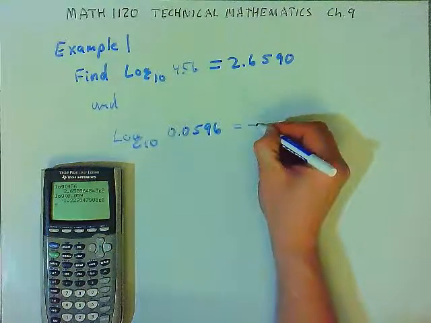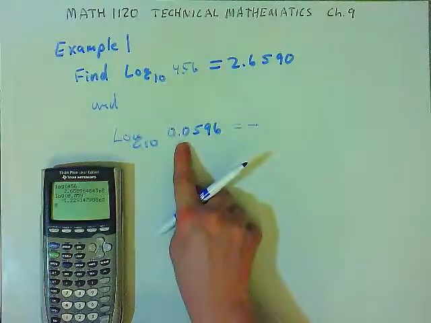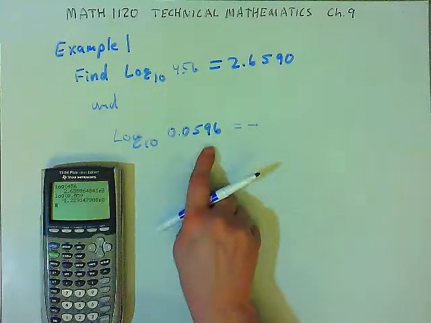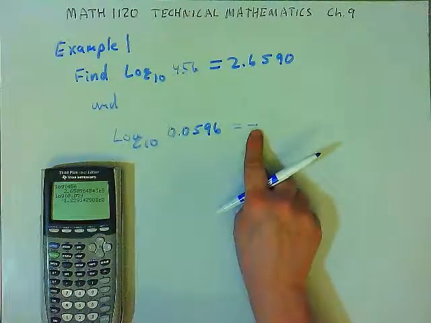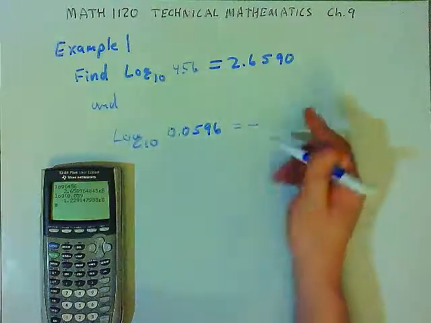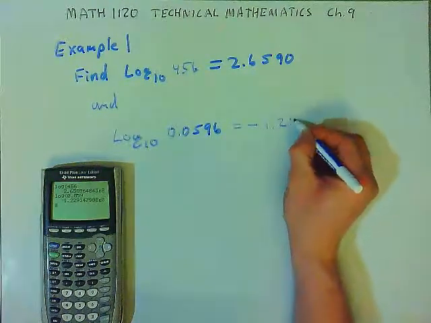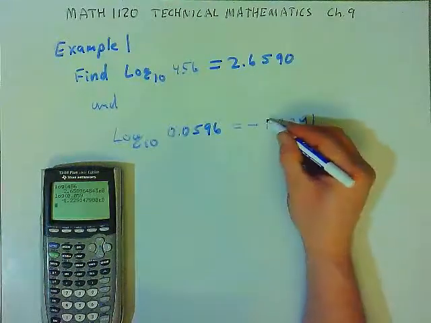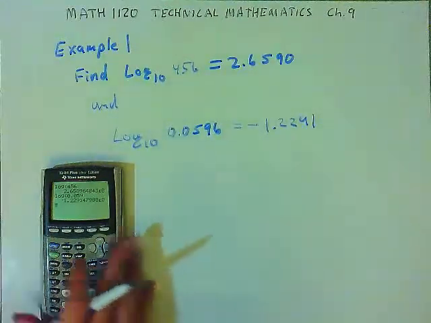We get a negative, and it's negative here because this number was less than 1, meaning that 10 is being raised to a negative number, meaning that it's in the denominator. So the answer is negative 1.2291. The next digit is a 4, so that rounds down.